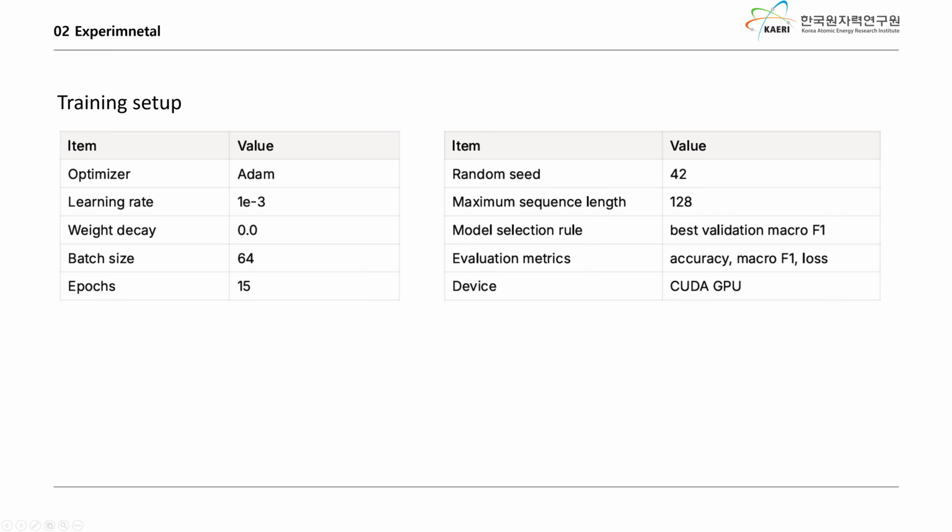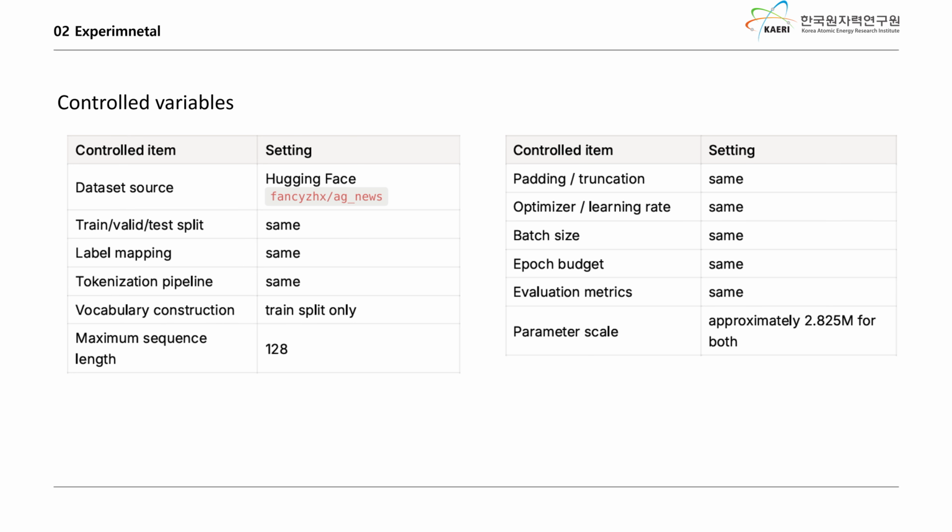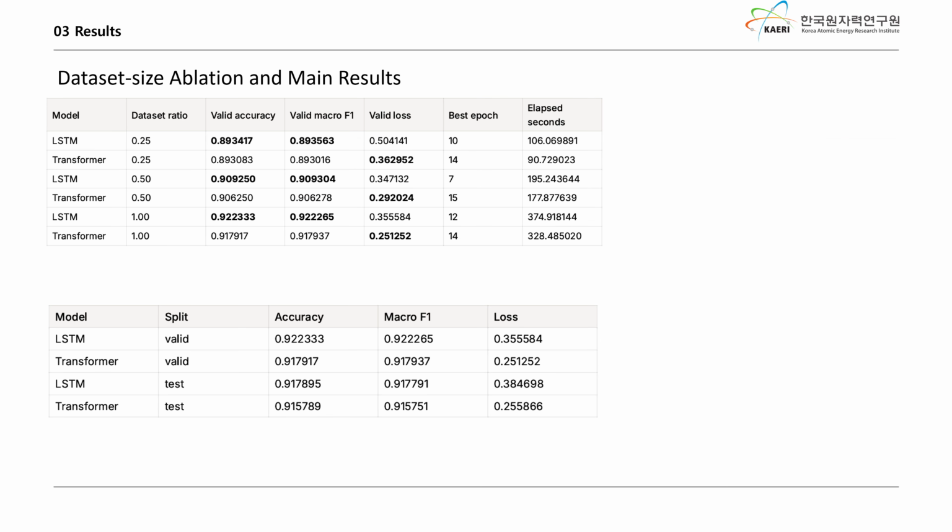We also used identical training setups, such as the Adam optimizer and a 15 epoch budget. By strictly controlling this variable, any performance gaps we see will directly reflect the structural differences of the models, rather than hyperparameters. Let's look at the results.